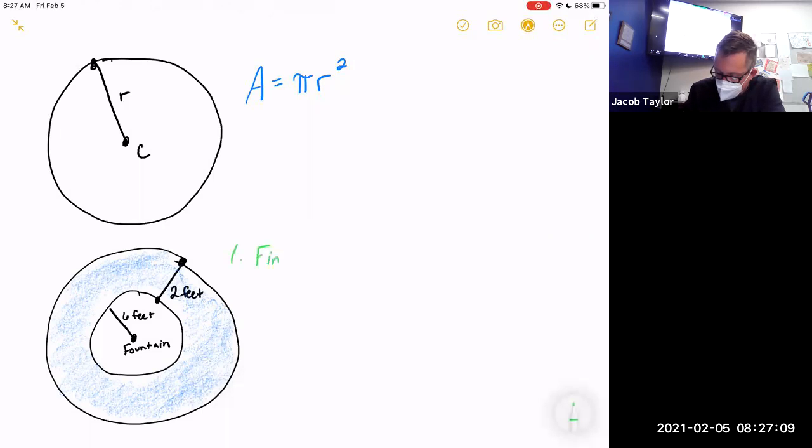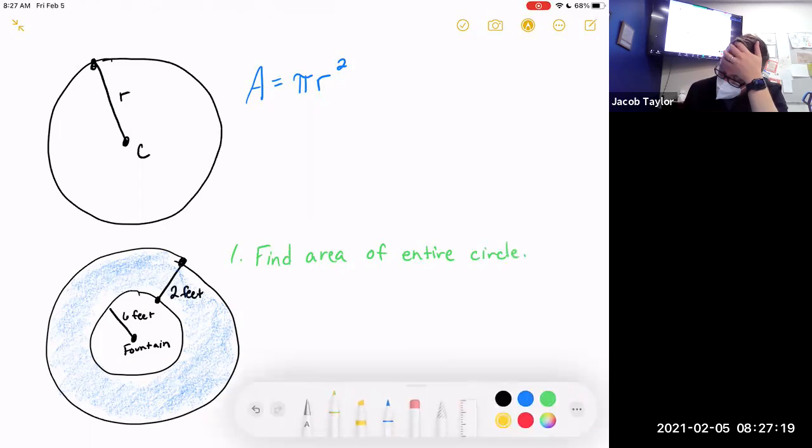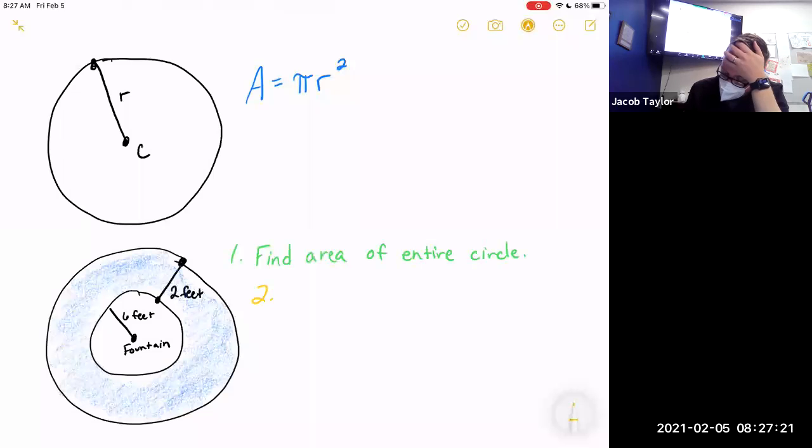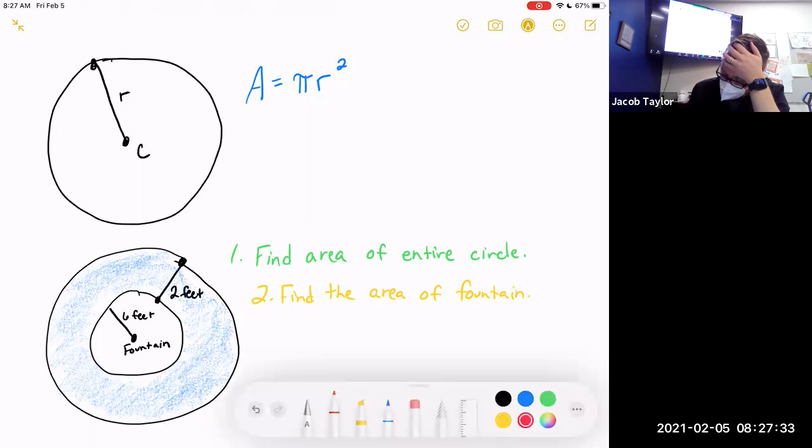Step 1, find the area of the entire circle. Step 2 is going to be find the area of the fountain. And step 3, profit.